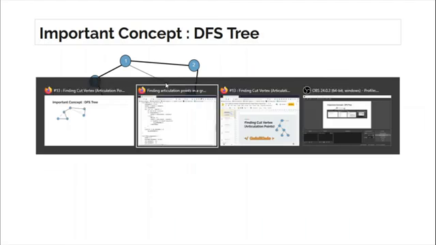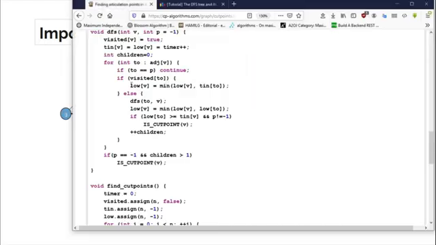So when you find a back edge, what you do is simply minimize the low time of the current node. If the child is already visited, which means it can be an ancestor, that is why we would minimize the low time of the current node to be the in time of that child node.